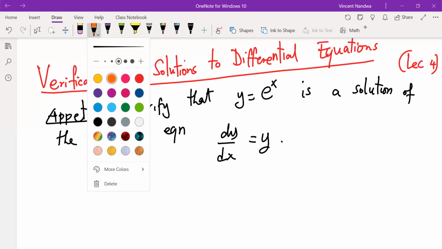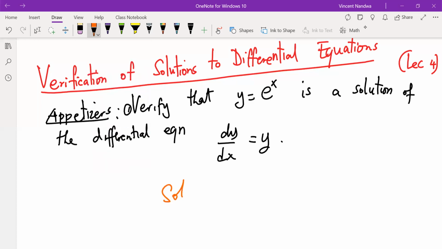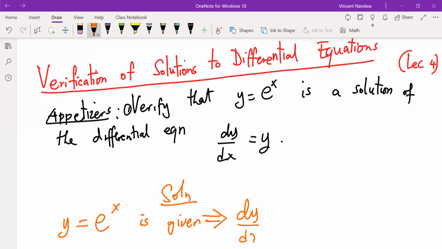For instance, in this case, y equals e raised to the power x is given. So dy/dx, if you differentiate an exponential, you get e raised to the power x.